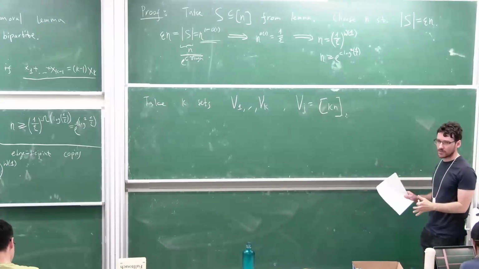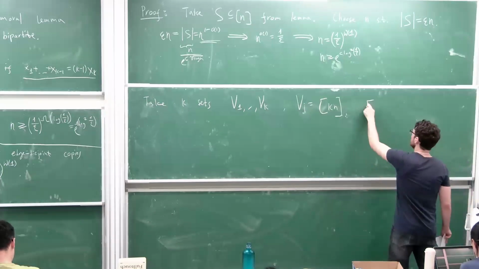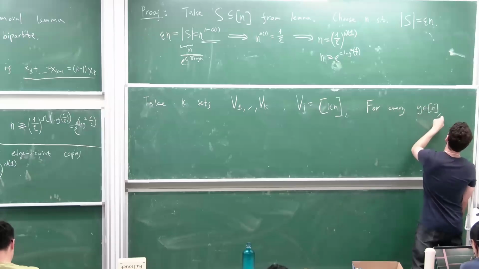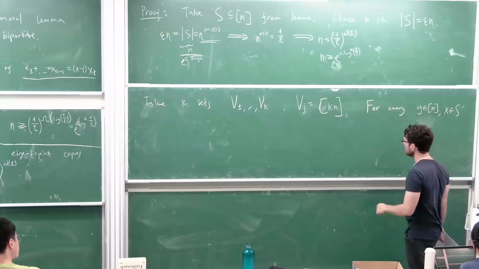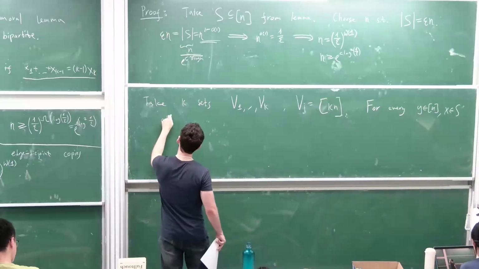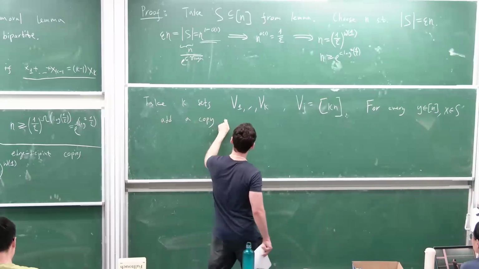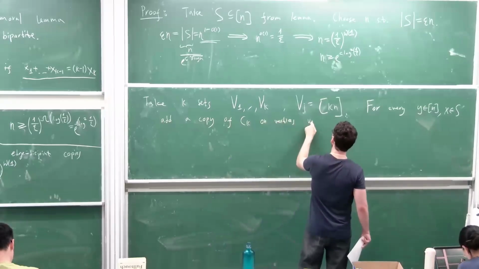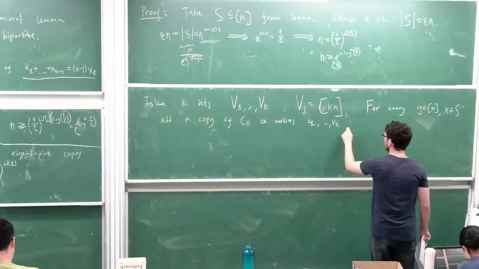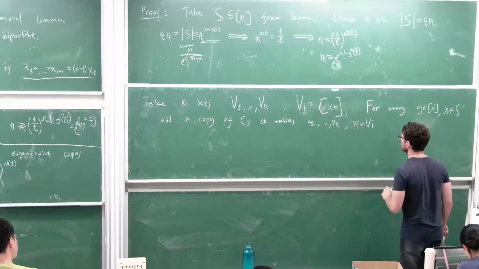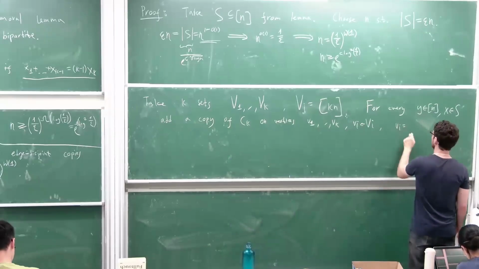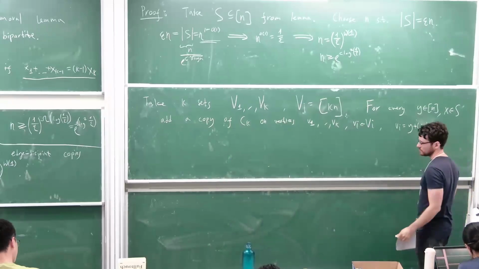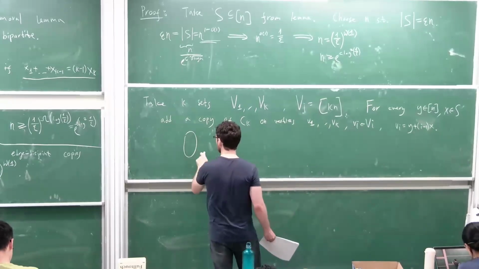So think of each of the sets as the numbers from 1 up to kn. And then for every y in [n], and for every x in our special set S, add a copy of Pk on the vertices v1 up to vk, where vi is in Bi, and vi is equal to y plus (i minus 1) times x. Let me draw this, then I think it will be clear.